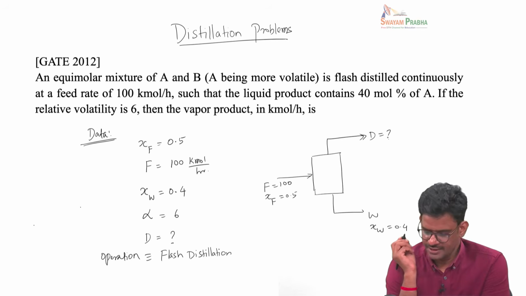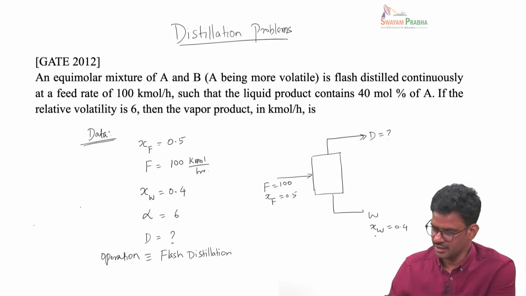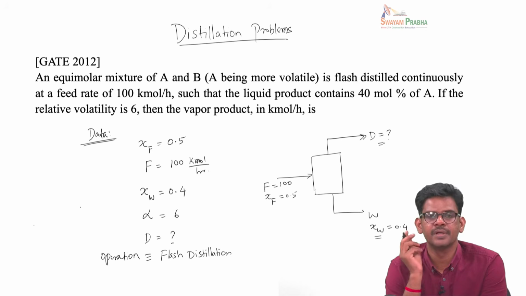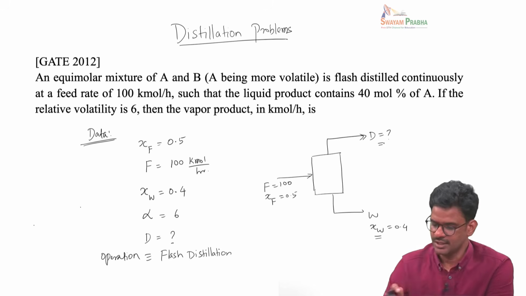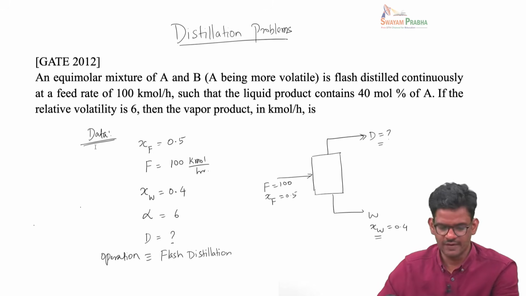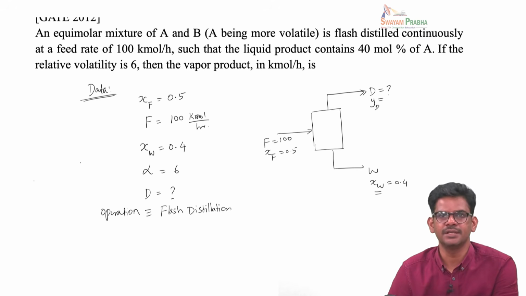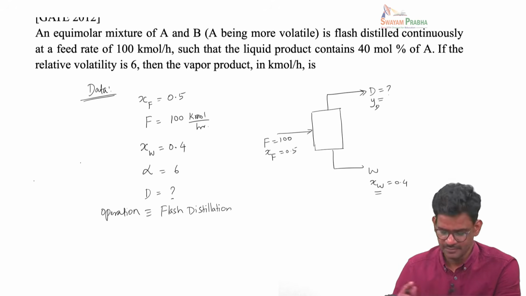Now in flash, we know that the composition of the outgoing streams are in equilibrium, and we know that the relative volatility is constant, which is given as 6. Using this, we can find the composition at the distillate, that is YD.